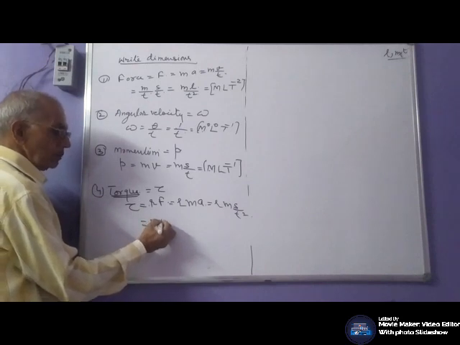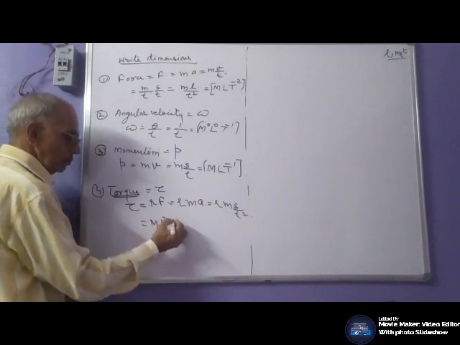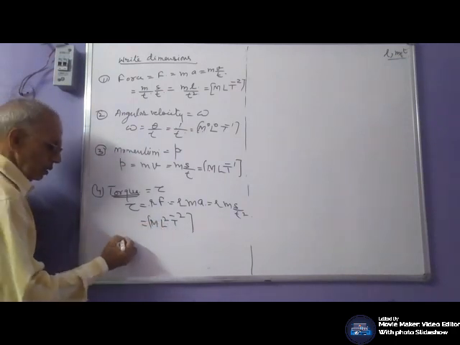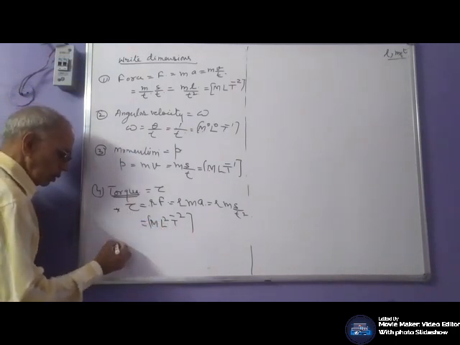So this is M L square T minus 2. Torque.